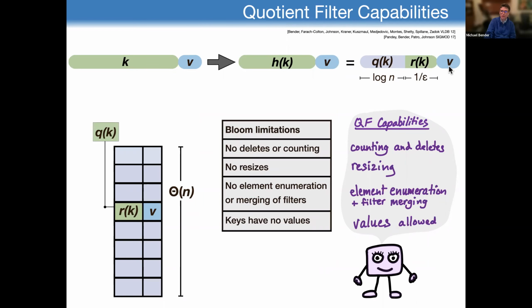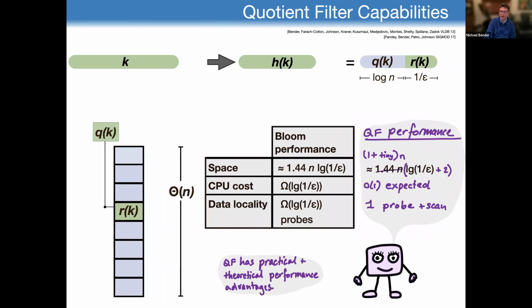Okay, so this is talking about quotient filters, and there are some theoretical advantages where if you implement it correctly, you can make the CPU cost constant instead of something that depends on the false positive rate. The data locality is much better because when you have a Bloom filter, for example, you're probing all over the filter.